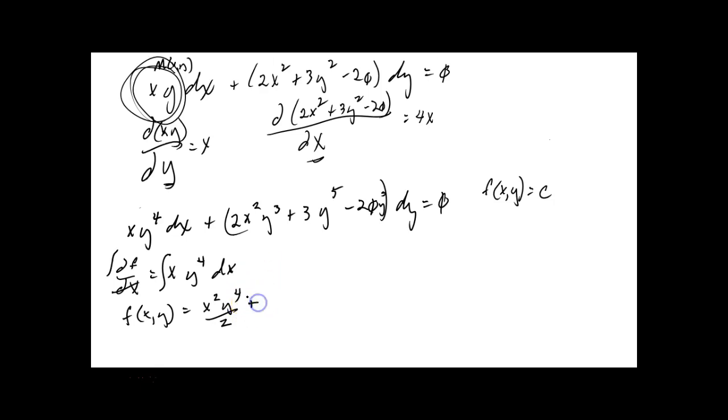Plus, there still may be, we integrated this with respect to x, could be a constant left over, but remember our constant could be a function of y, because we didn't integrate with respect to y, only of x. Well, again, we don't add any plus c's or anything at the end. We'll get to that later. Well, remember, this thing right here is going to be the partial of f with respect to y.